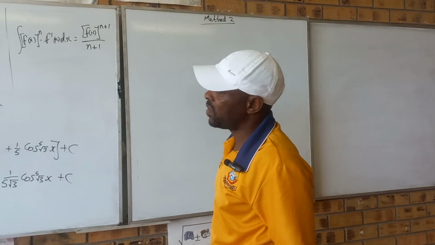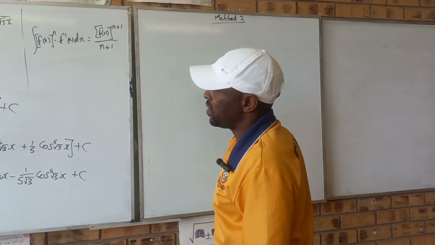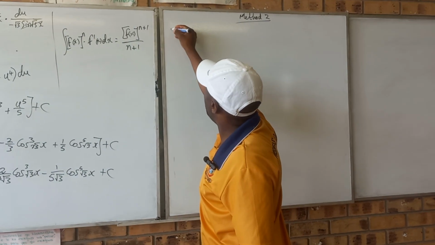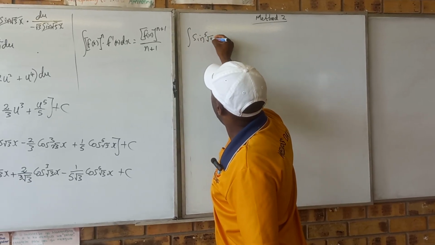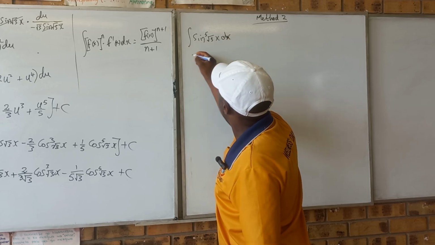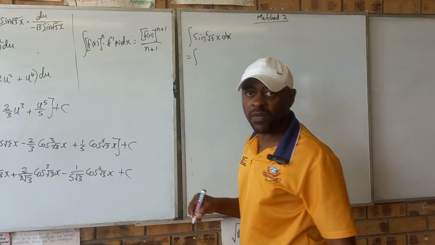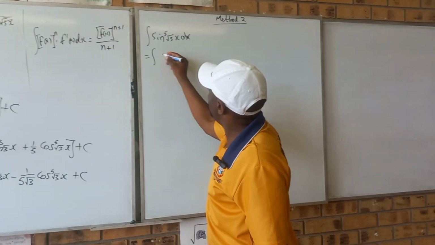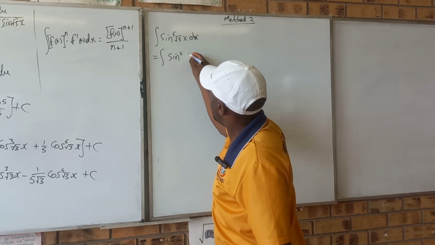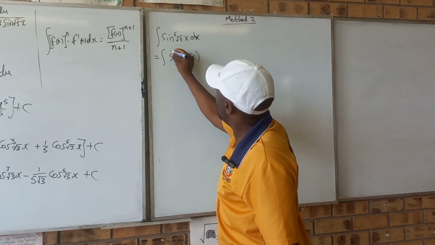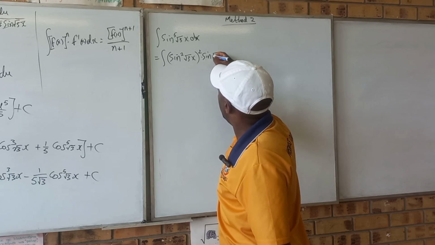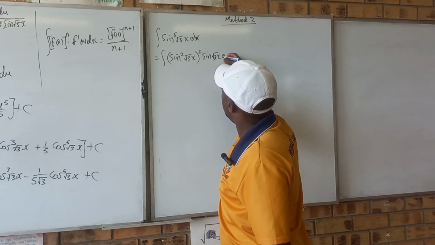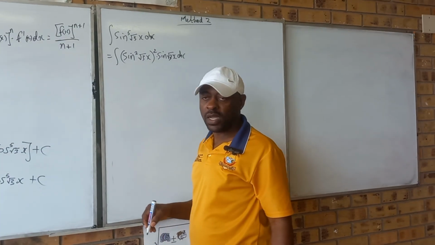So I'm taking the same problem. With method 2, the first 3 steps will be the same. So I'll just copy them first. I'm integrating sine to the power 5 of 3x dx. So breaking it down from the power 5, it will be sine squared of 3x, all this squared, then multiplied by sine of 3x dx, just as I did the other side.